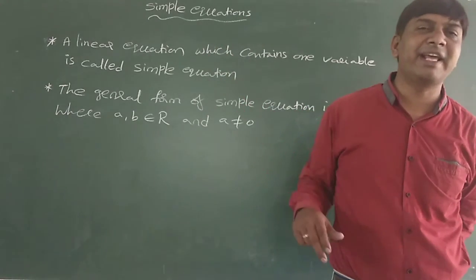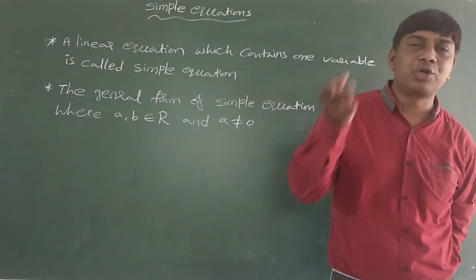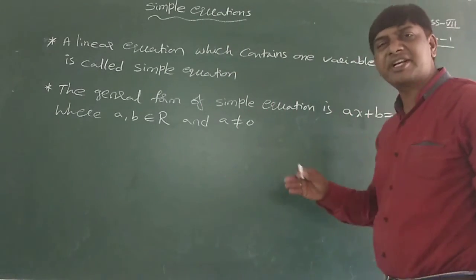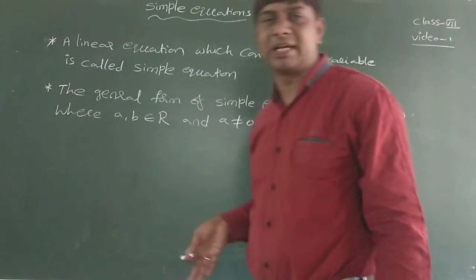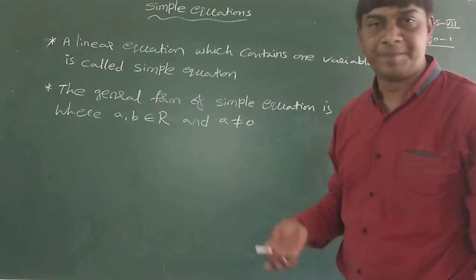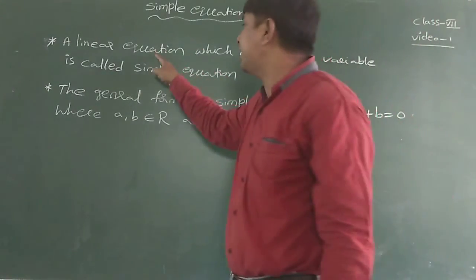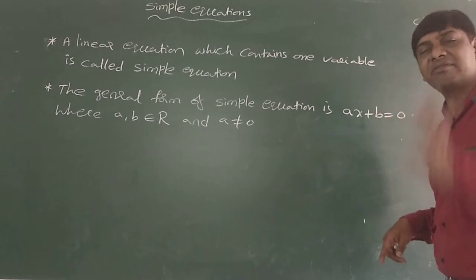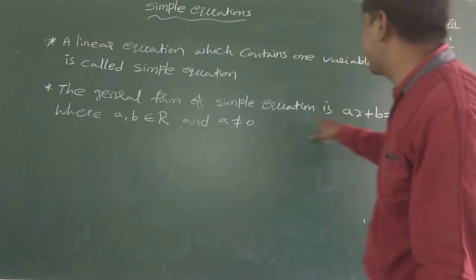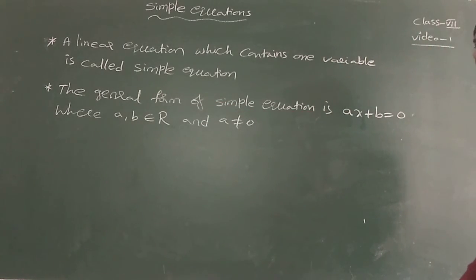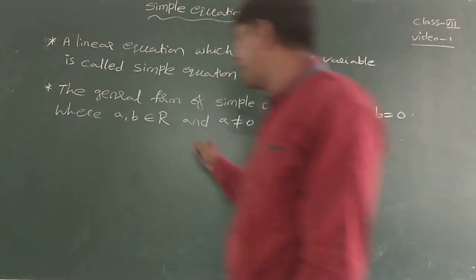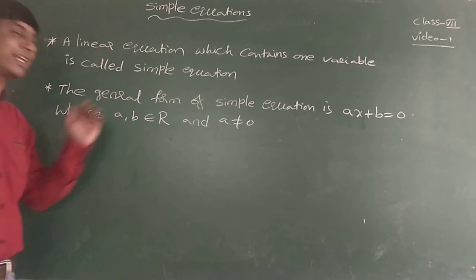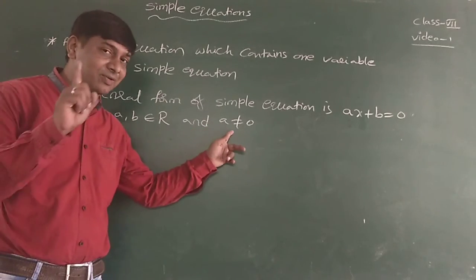Just before this I gave an example also: linear equation in two variables and linear equation in one variable. Linear equation in two variables we will learn later. Now first, simple equation. A linear equation which contains one variable is called a simple equation. The general form of the simple equation is ax plus b is equal to 0, where a and b are real coefficients. Sometimes in your textbooks they are integers, and a is not equal to 0.